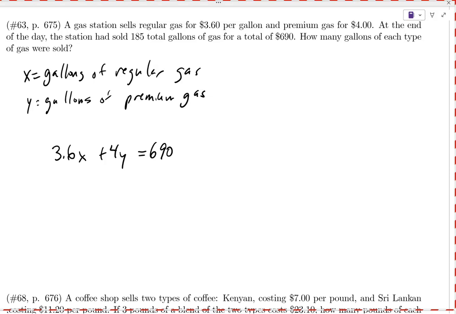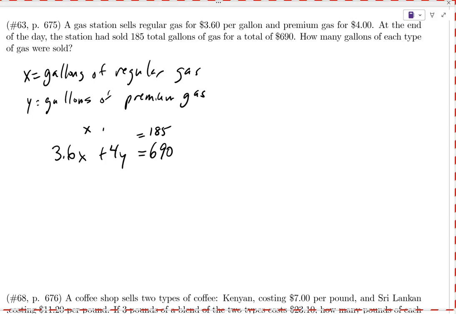What's another equation? Okay, so we need to set it equal to 185, but what do we need to set equal to 185? I agree that something needs to be equal to 185. It says that's the total number of gallons. Say it again? X. Or is it x plus y?